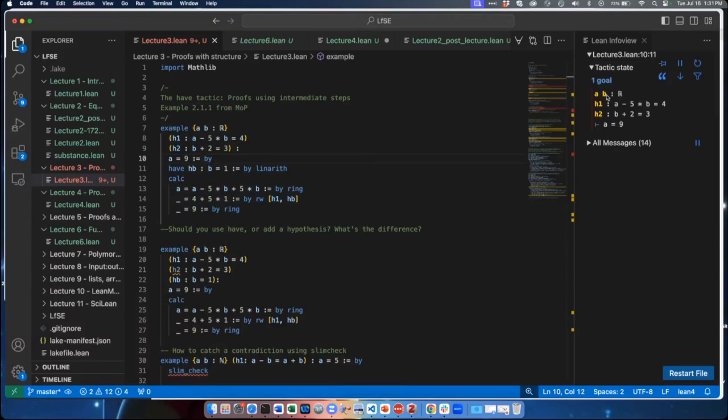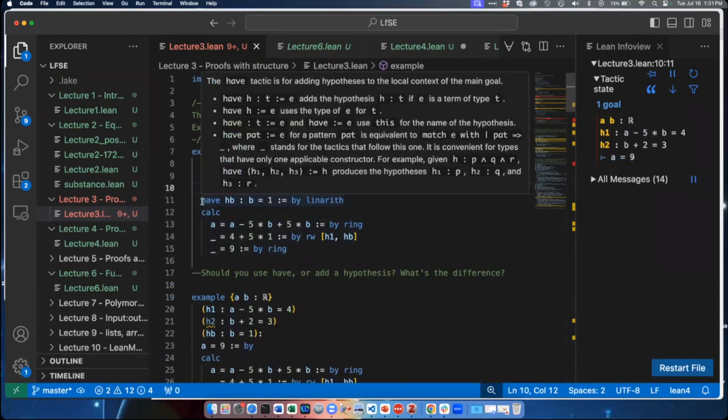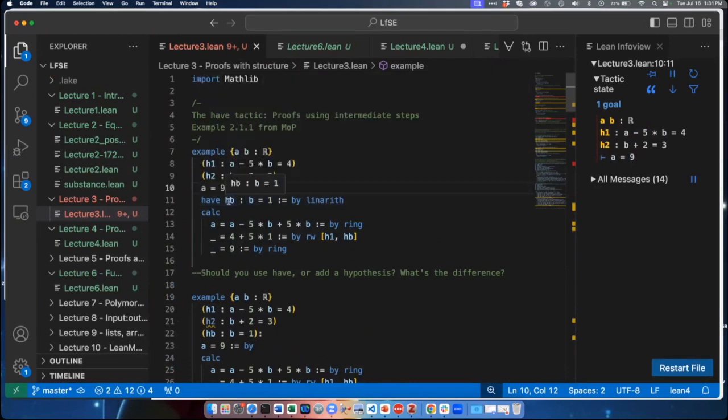A and B are, let me increase font size for everyone, A and B are real numbers, and I have H1 and H2 as hypotheses in my scope, and I'm going to conclude that A is equal to 9. The first thing I'm going to do is introduce have. And have is going to introduce a new hypothesis named HB, and I define it as b is equal to 1.